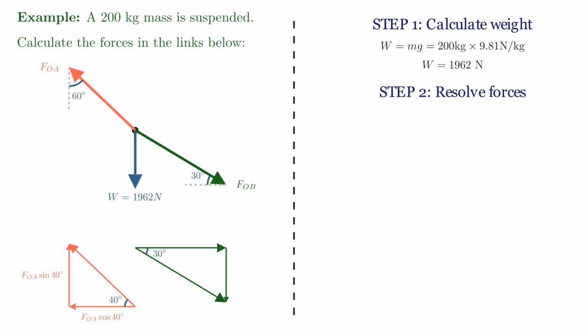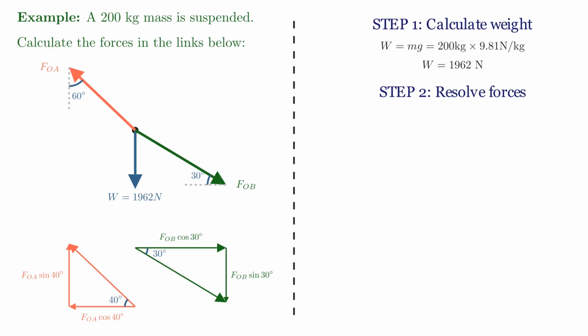So this side is next to the 30 degrees, so it's adjacent. And again, we know the hypotenuse is FOB. So we get that this horizontal force is FOB cos 30. And then we can work out that vertical force. So this side is opposite where the angle is. So we get that this vertical component is FOB sine 30.